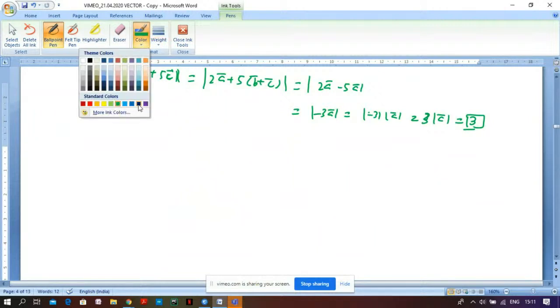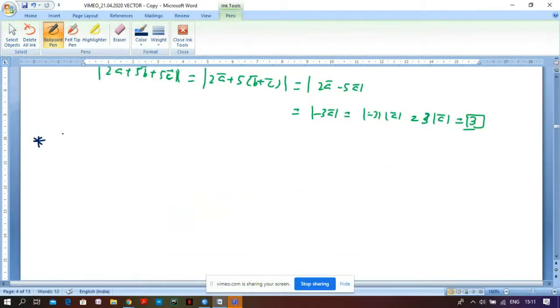Let's do a problem which has a little computation. 3a minus 5b is given to be perpendicular to 2a plus b, and a plus 4b is given to be perpendicular to negative a plus b.